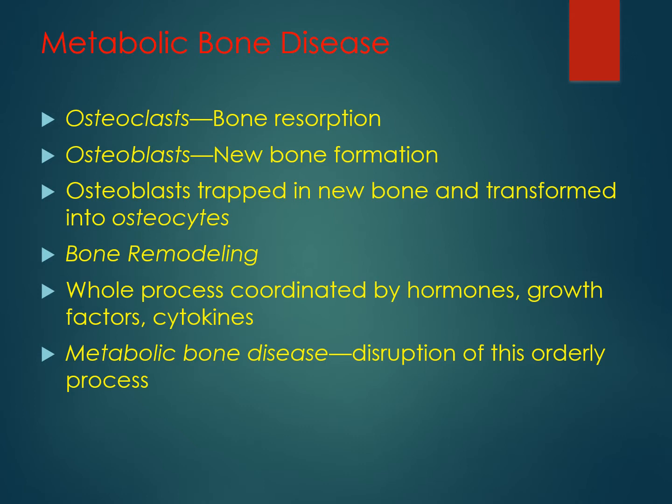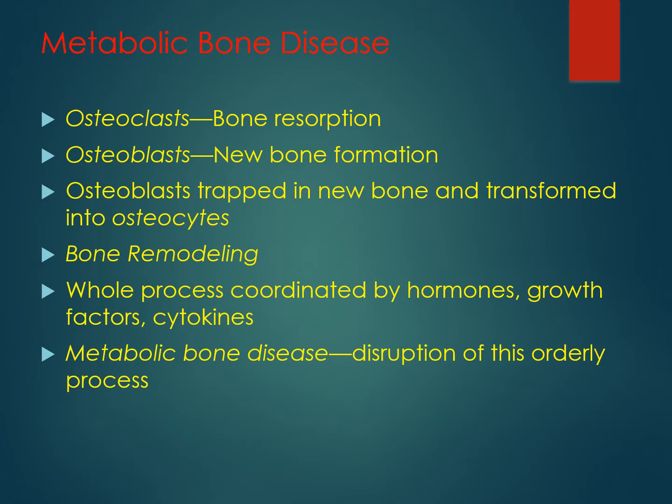Then osteocytes, they are the cells which have similar function as osteoclasts, that is a resorption of calcium and phosphorus, and also they have function to regulate mechanical forces of the bones.